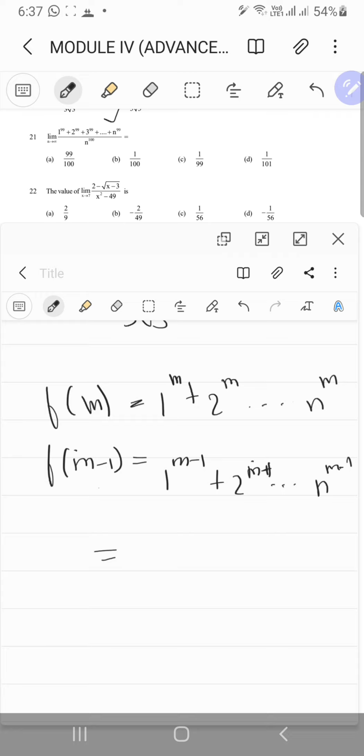Right, we cannot get that value in any way. We have to think of something else. I don't know, I think I will do this the next time.